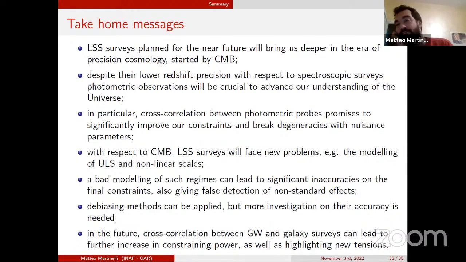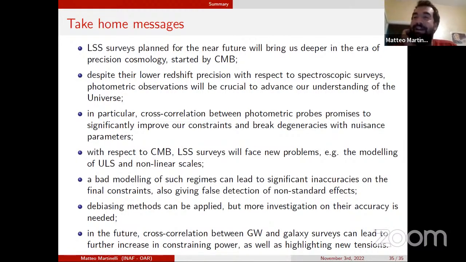The main message that I tried to give with this presentation is that we have to face new problems. There are problems, even though maybe not totally new, like the nonlinear scales problem, that are becoming more and more pressing if we want to fully exploit the potential of the surveys that we will have. And I've shown you that bad modeling, both at small scales and at large scales, can still give you precision cosmology, but not accuracy cosmology, which we have to care about also.